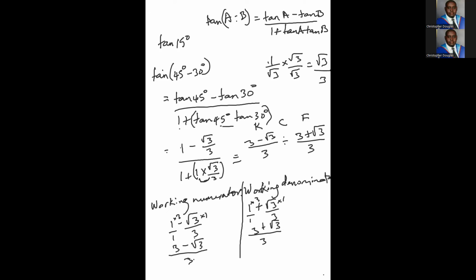So in keeping, changing, and flipping, what I will then have now, 3 minus root 3 over 3, what's going to happen? Change the sign to multiplication. And instead of 3 plus root 3 over 3, it's going to change to the reverse, as 3 over 3 plus root 3. And then I can cancel, right?